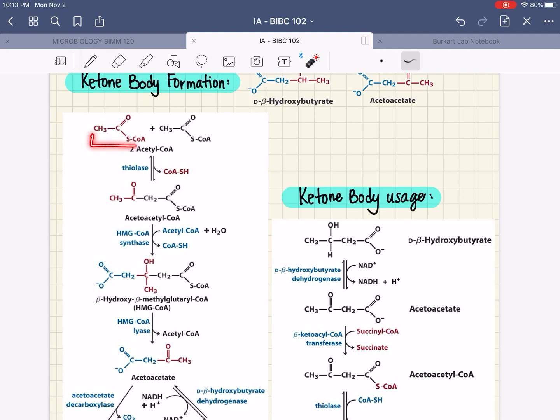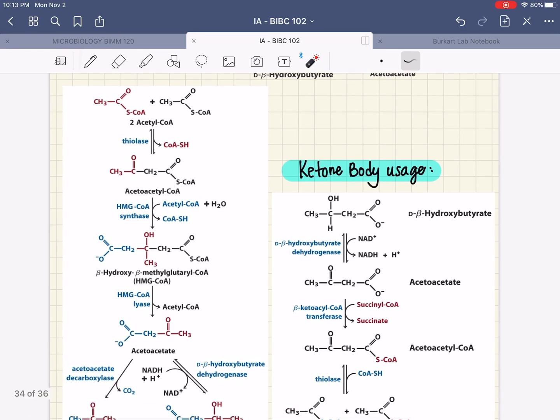We take 2 acetyl-CoAs, and through a Claisen condensation reaction, the enzyme thiolase makes acetoacetyl-CoA. Then the enzyme HMG-CoA synthase produces HMG-CoA, or beta-hydroxy beta-methyl-glutaryl-CoA.